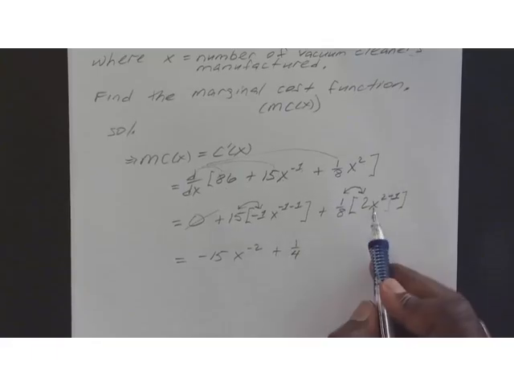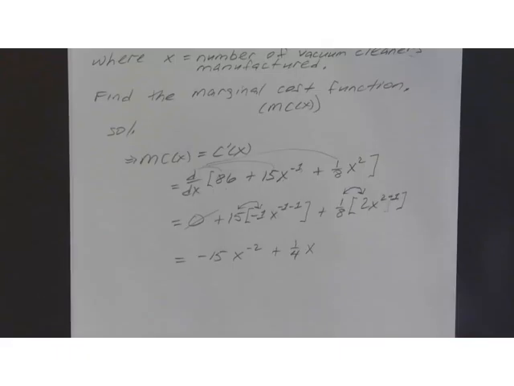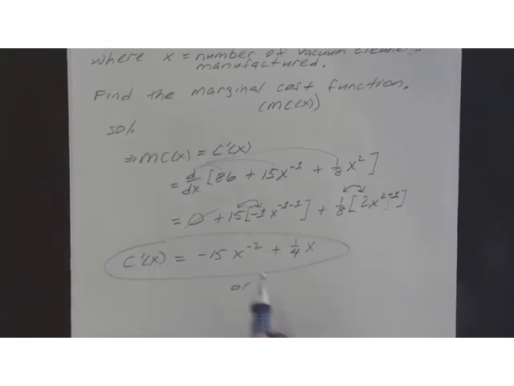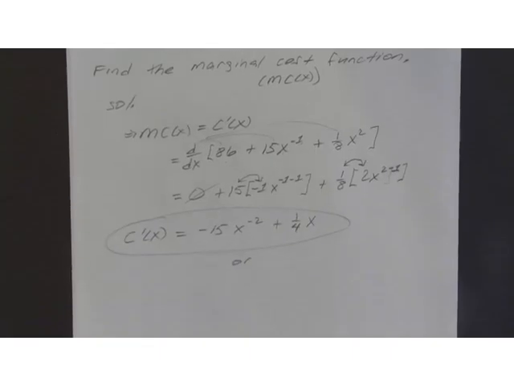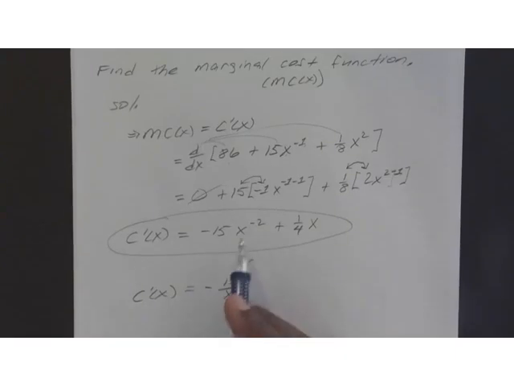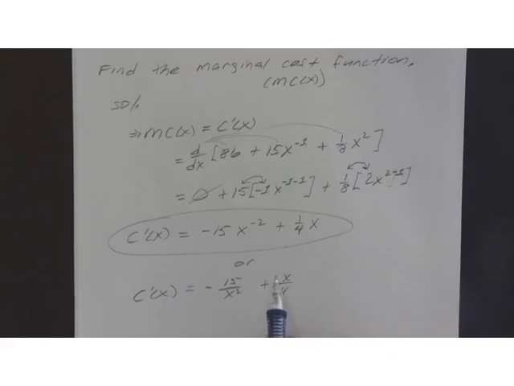That's 1/4 times X to the power of 2 minus 1, which is just to the first power. So that's your marginal cost function, or to get rid of that negative exponent, you say negative 15 over X squared. Just move it to the denominator and make the exponent positive, plus X over 4.